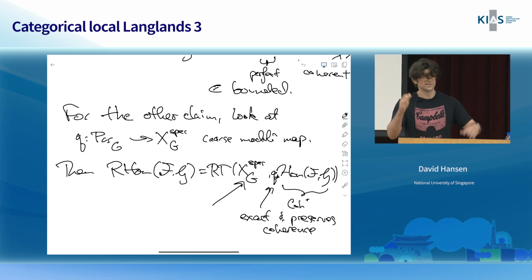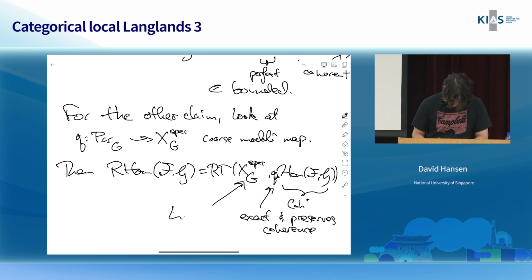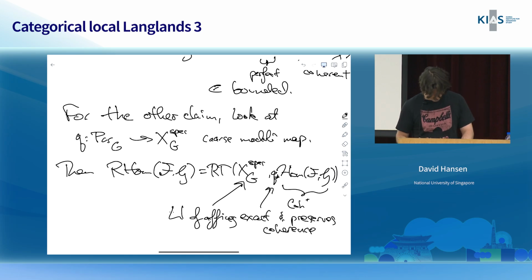And because F and G had quasi-compact support, this will clearly have quasi-compact support, so it'll just live on finitely many components downstairs. And finally, each of these components is affine. So what's RΓ going to do? Well, it's just taking global sections. And so this is a disjoint union of affines. And so if you put all these things together, you immediately see that the cohomology in each degree is finitely generated over global functions on this coarse moduli. And that's exactly what I was claiming, right?